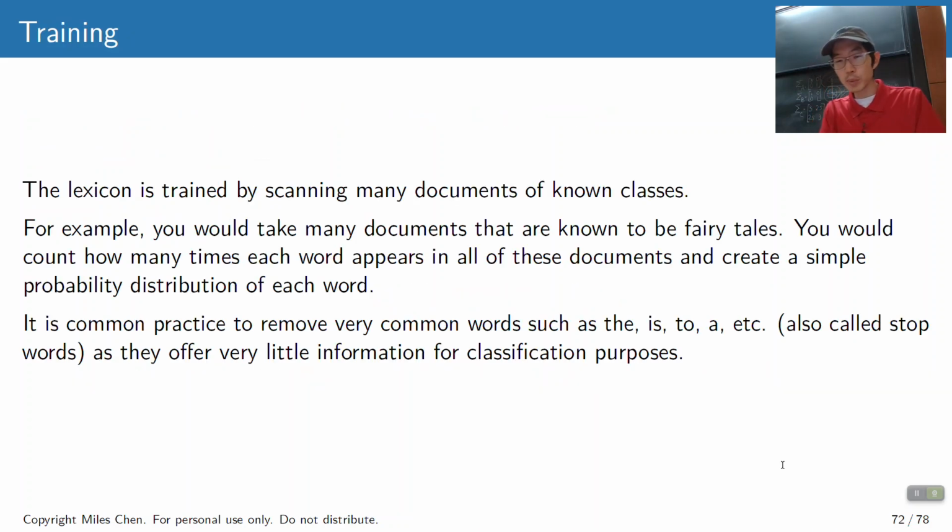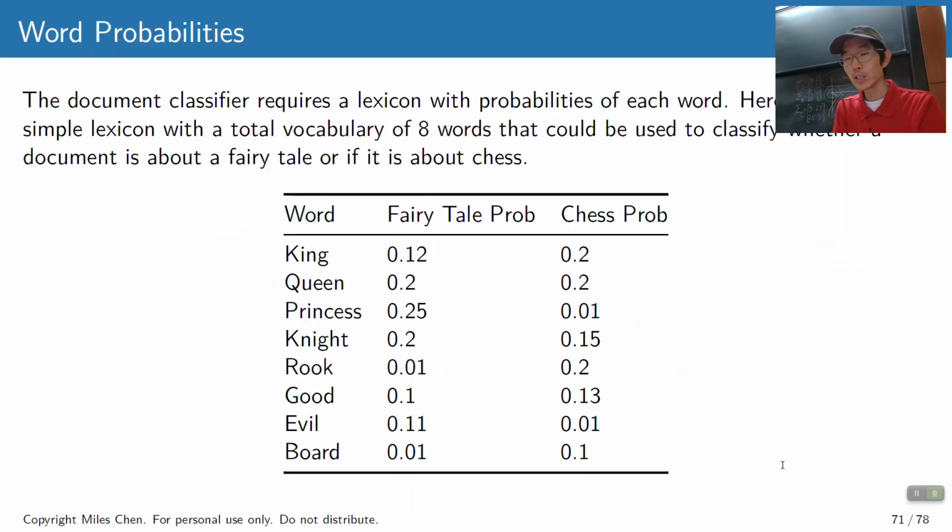why is this the naive Bayes classifier? Well, we don't have any covariances. There's no covariances. Covariance would be how likely, what is the covariance for this word to also appear in the document at the same time as this other word, right? So if you're talking about a king, there's probably a high covariance that a queen will also be mentioned in the same document, okay?